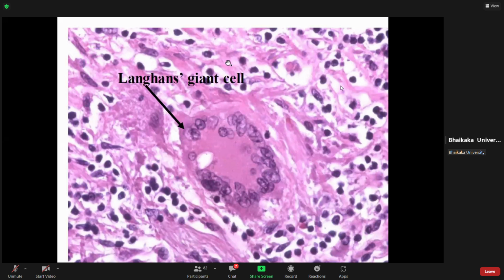Now you tell me which one is this arrangement. Very simple. Peripheral ring shaped, correct? Very correct. So it is ring shaped nuclei. Okay, next.